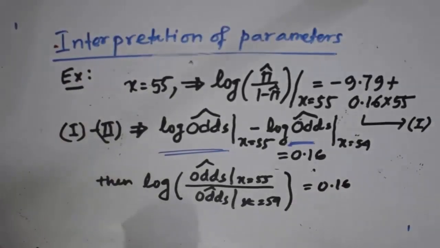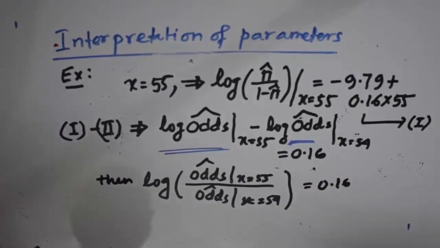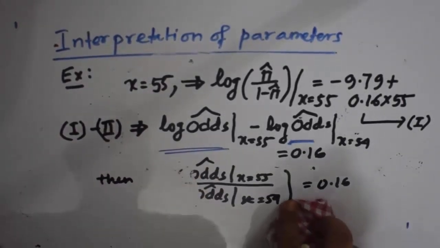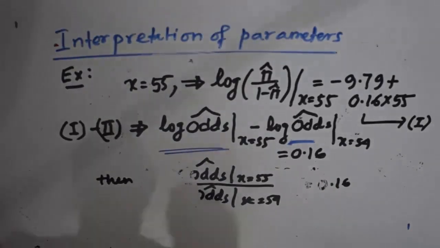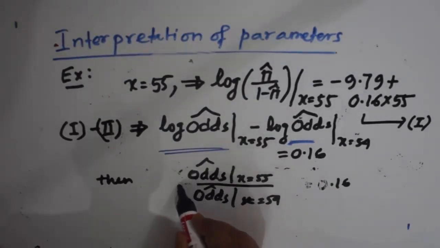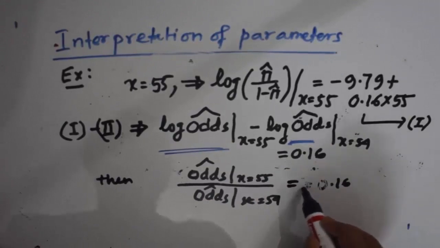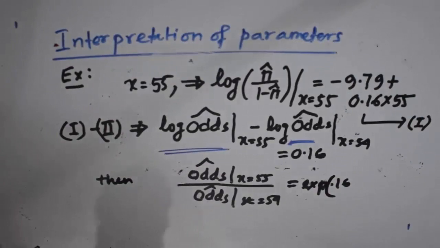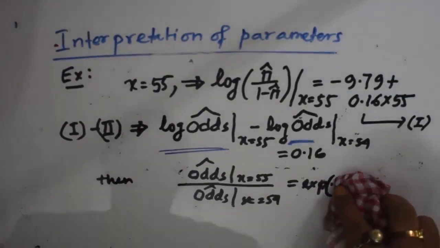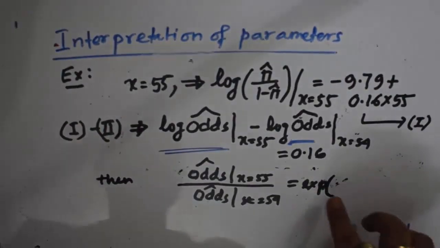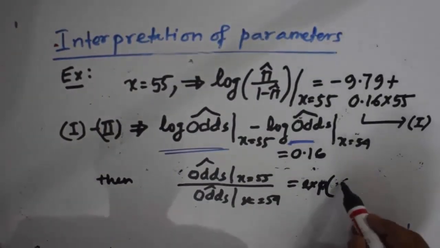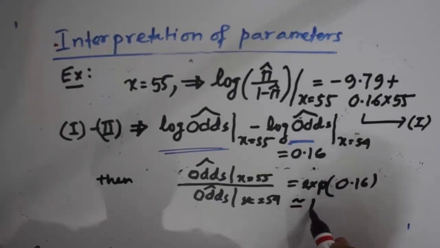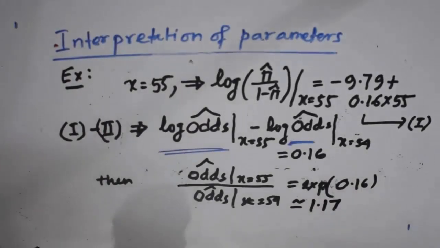And see that this ratio is equal to exp of 0.16, approximately equal to 1.7.